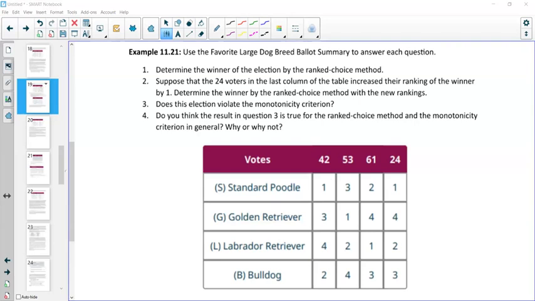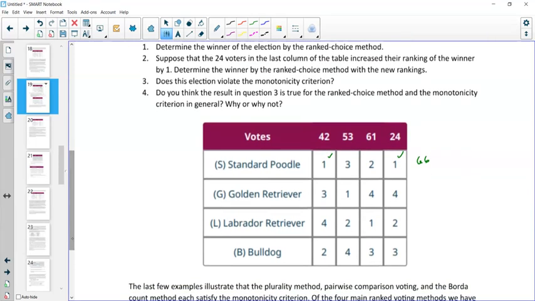Standard Poodle has 42 and 24, or 66 first place votes. Golden Retriever has 53. Labrador has 61. And Bulldog has 0. Yep, we forgot something. Adding up, we get a total of 180. So a majority is 91. So we don't have a majority. So we drop the Bulldog.